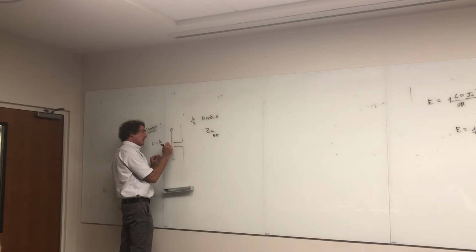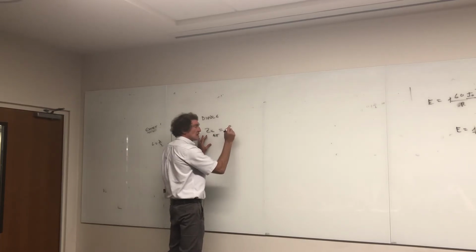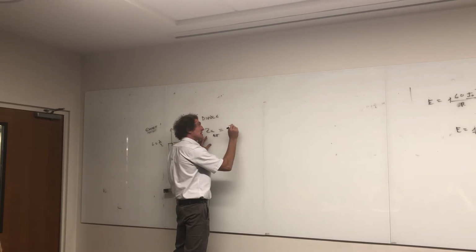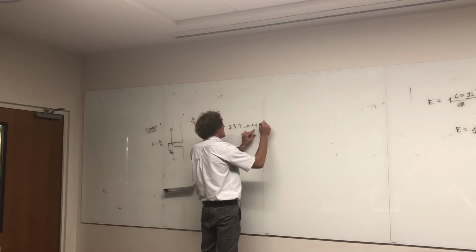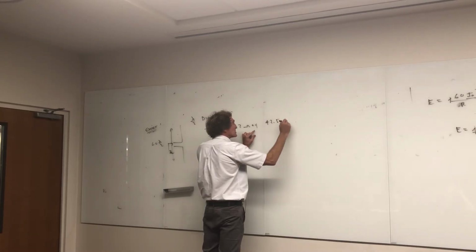Then your input impedance, your Z antenna here, would be equal to 70, and in his book he's going to have 73.2 ohms plus j, and then that's 42.5 ohms is the one he has.